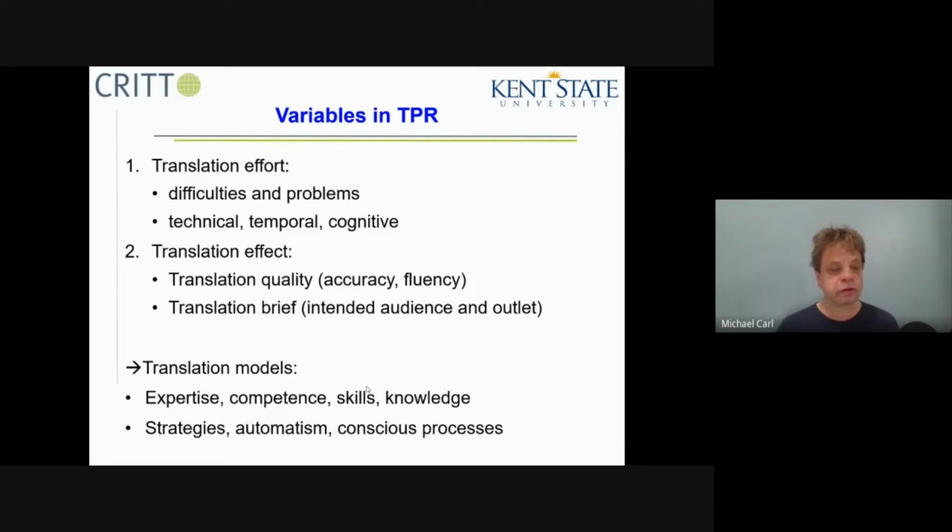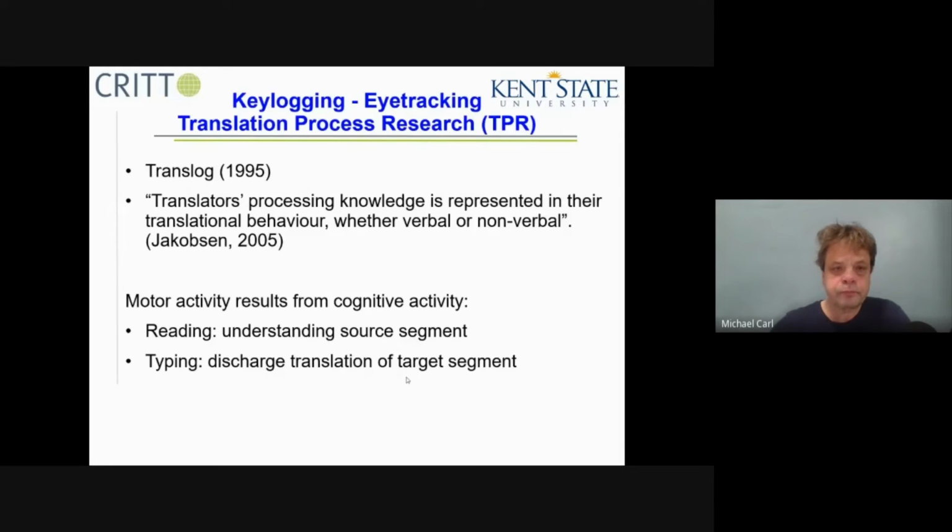So reflection and revising and reflective thought and so on. So how do automatism and conscious processing play a role in all this? And how does it relate to expertise, competence, skills, and all these terms? So this is basically roughly the questions in translation process research.